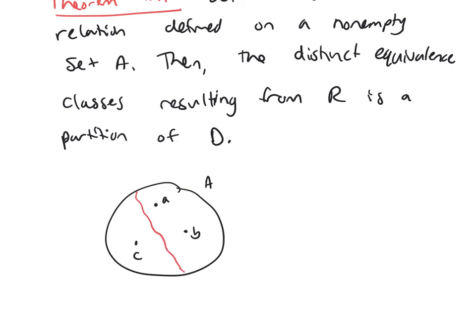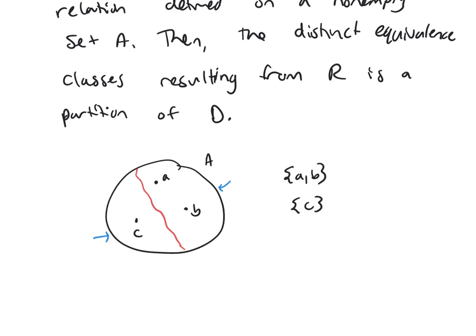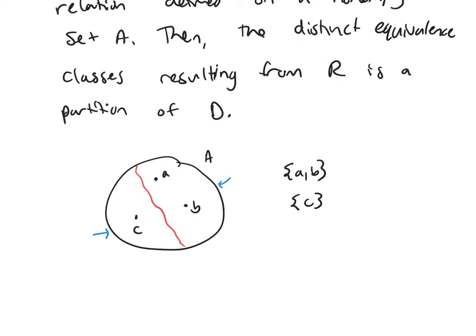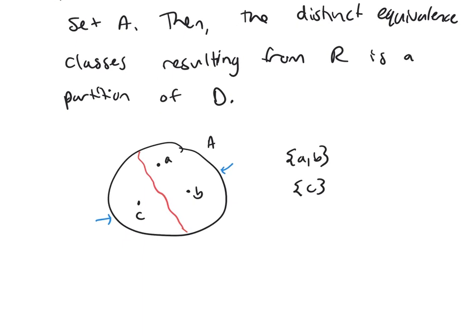The first one containing the set AB, and the second one containing the set C. So I'm breaking up my set A into two pieces, essentially. And as long as you have an equivalence relation, this is what always happens. Your equivalence classes break up your set into a partition.